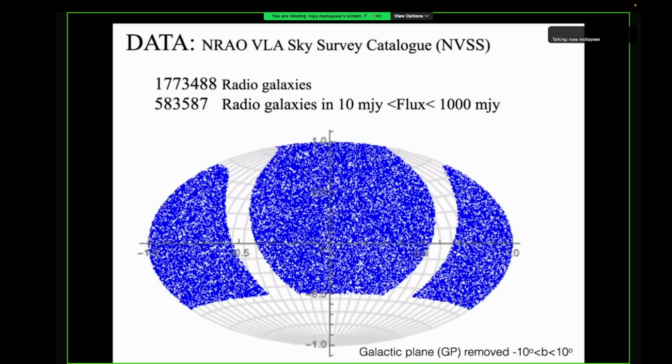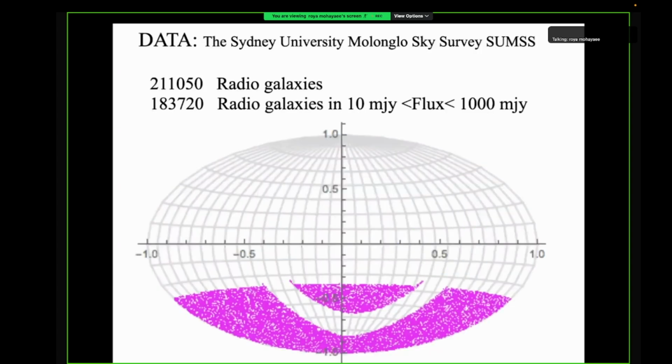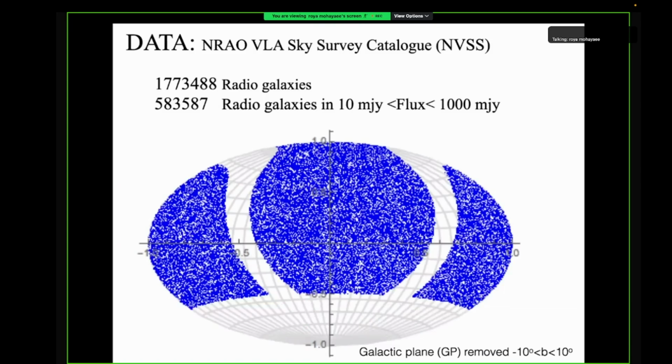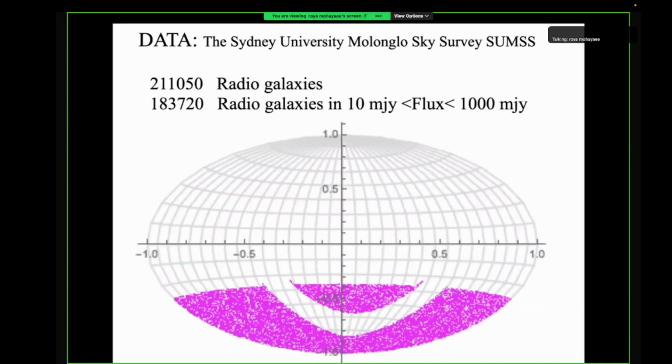Yeah. So here is what we have, the data, and this is radio data. We've got about 500,000 radio galaxies. This is the work I did with Subir in 2015. We complemented this NVSS catalog with another catalog called SUMSS, so we had a full sky.